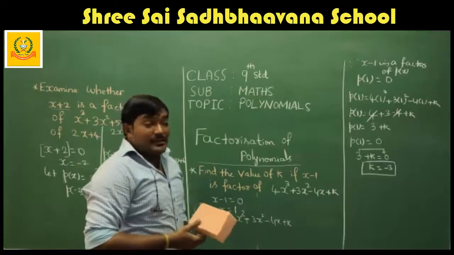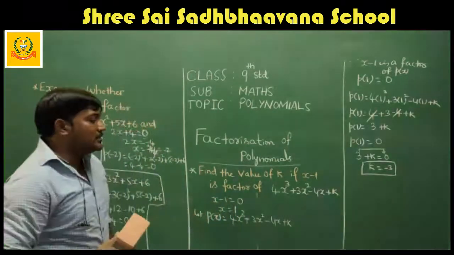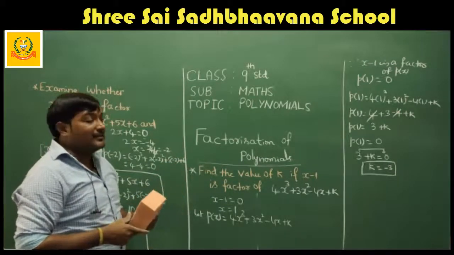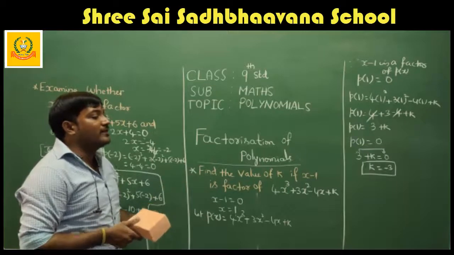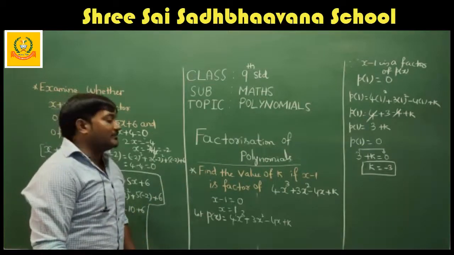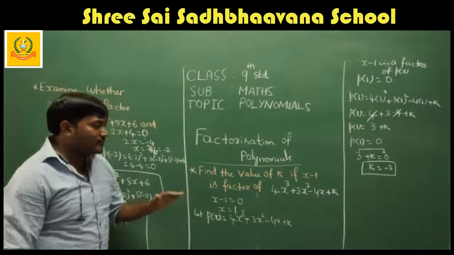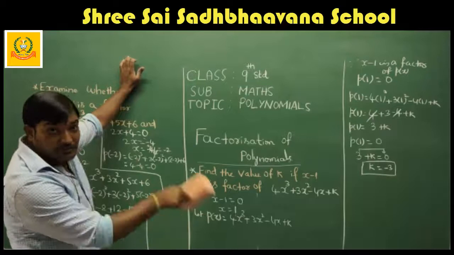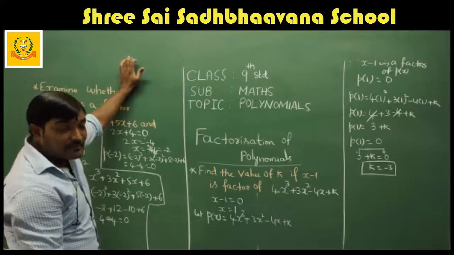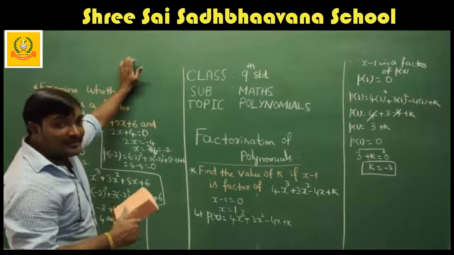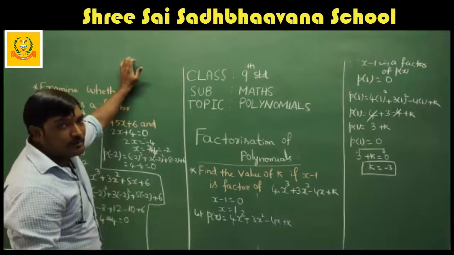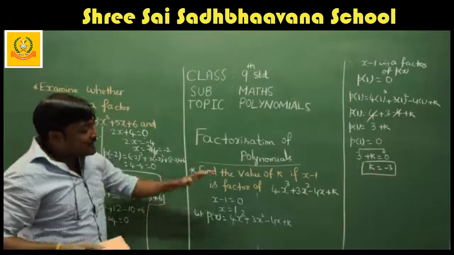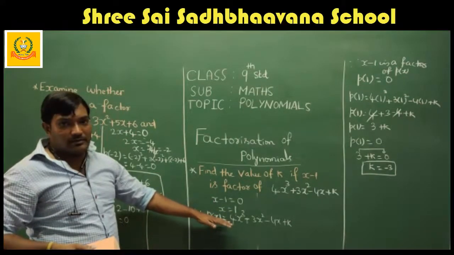Okay? I'll just explain this sum once again. Listen. Find the value of k if x minus 1 is a factor of 4x cube plus 3x square minus 4x plus k. In the sum itself, it is given that x minus 1 is a factor of the polynomial. It means what we did in the last sum: if a linear polynomial is a factor of the given polynomial, we equate that linear polynomial to 0, find the x value, and substitute in that polynomial.